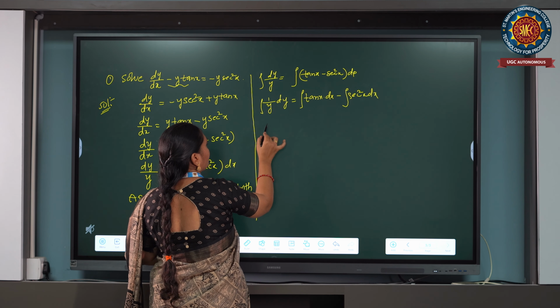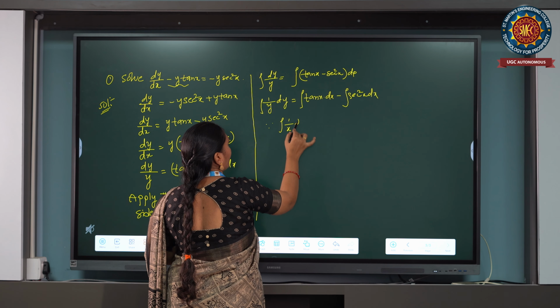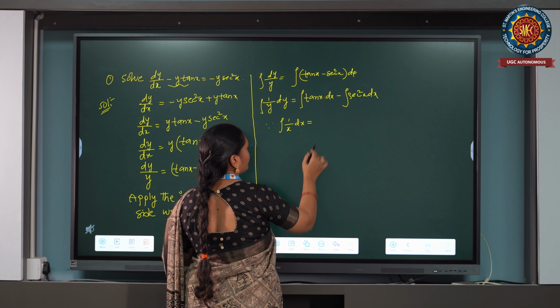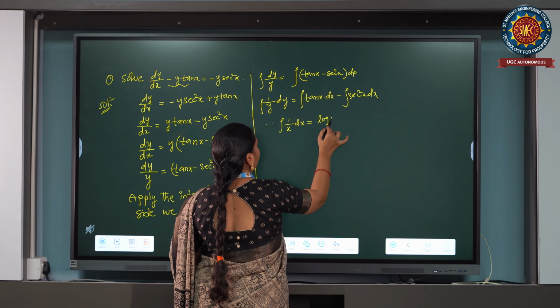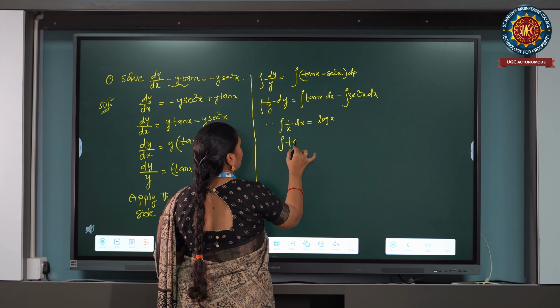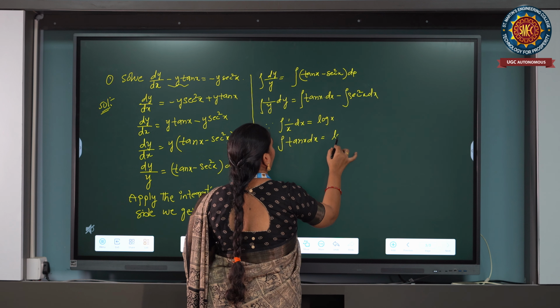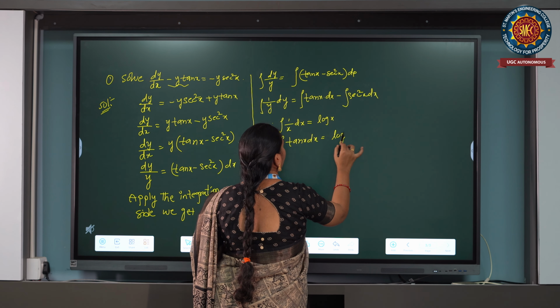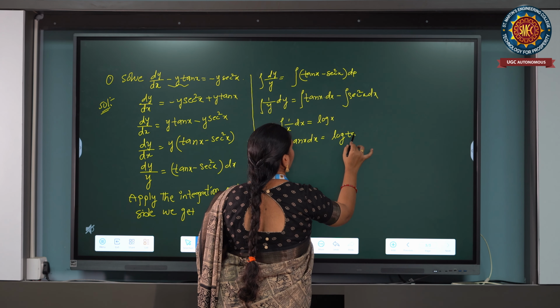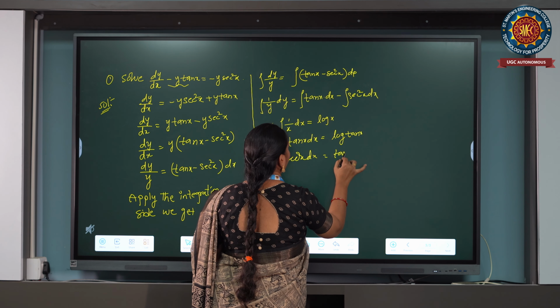We know very well the formulas: integration 1 by x dx is equal to log x, integration tan x dx has a standard formula, and integration sec square x dx is equal to tan x.